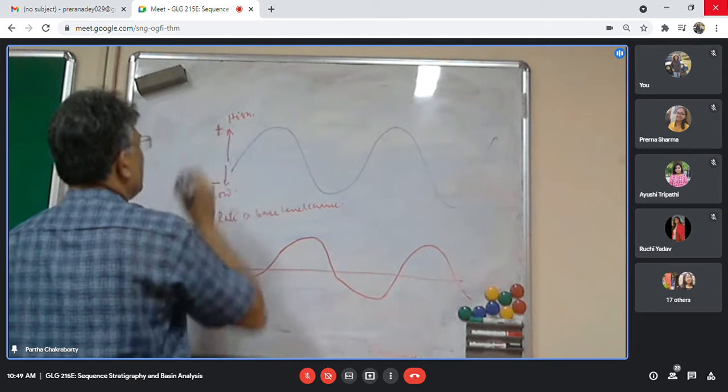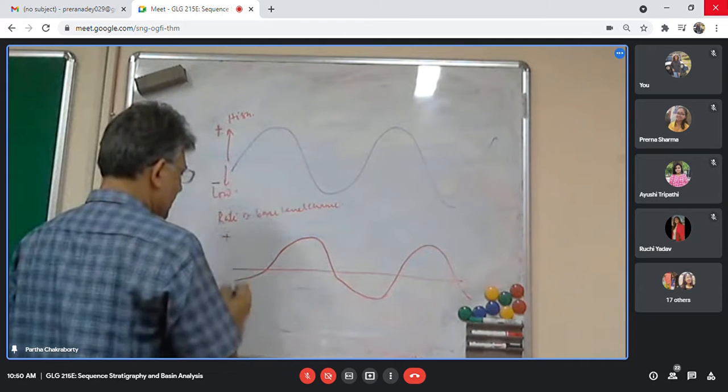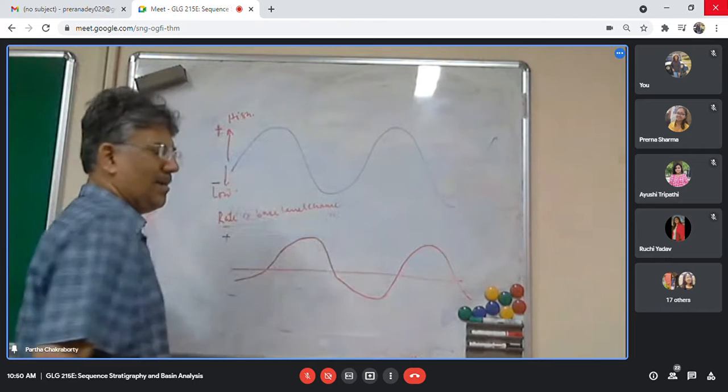This is positive and this is negative. Here, this is positive, this is negative. And this is the rate of base level curve.